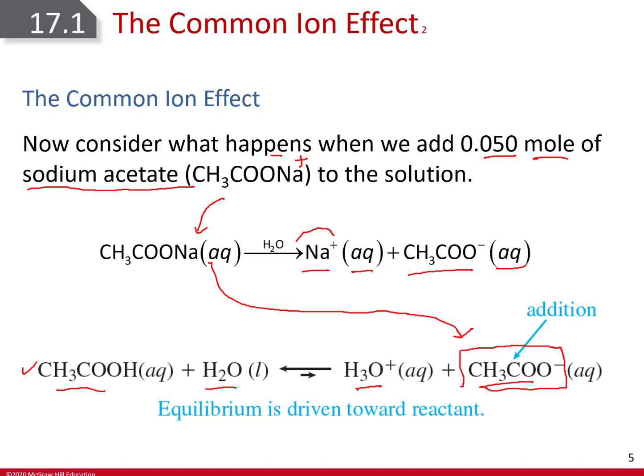Notice the sodium doesn't come into play here. Remember we said sodium is a neutral metal ion. It doesn't undergo salt hydrolysis, so we don't worry about the sodium. It's a spectator ion. We learned about spectator ions in Gen Chem 1. It's an ion that does not participate in the chemical reaction.